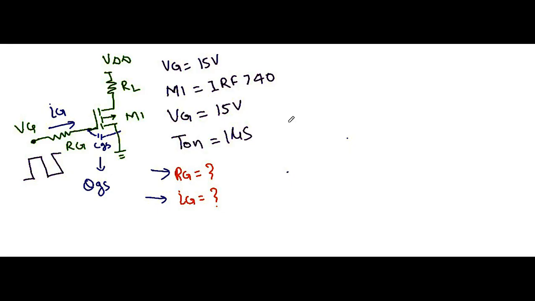And if you want to calculate the gate current, which I named IG, there is a direct formula to calculate it, given by 2QGS, that means gate to source charge 2QGS, divided by T on.